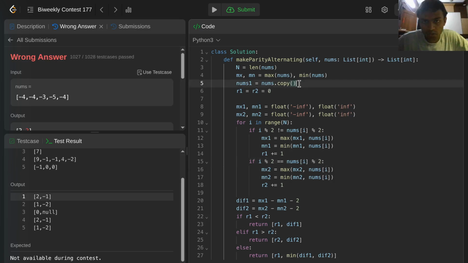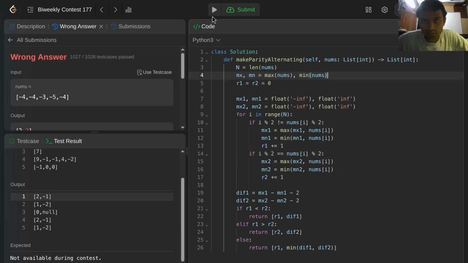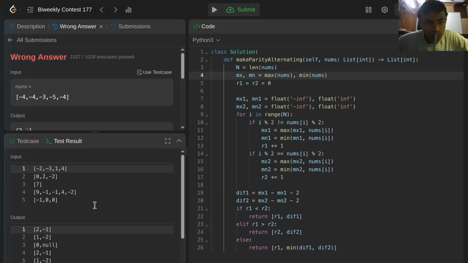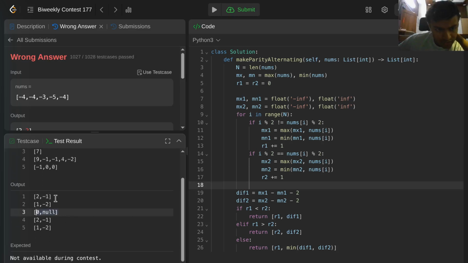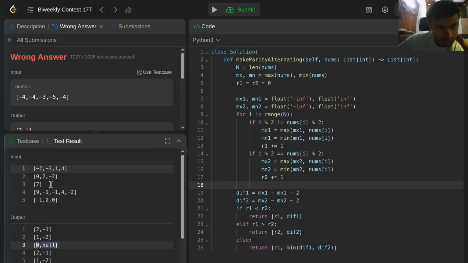We don't need nums1. Okay. Why is this null? Okay, wait.